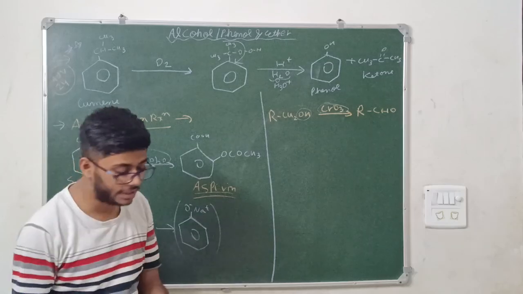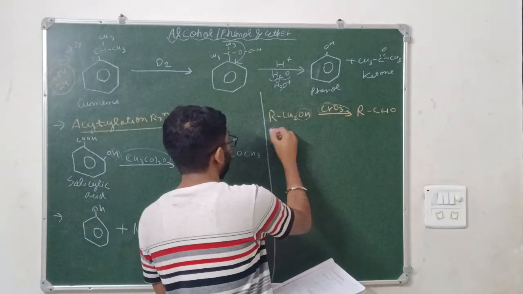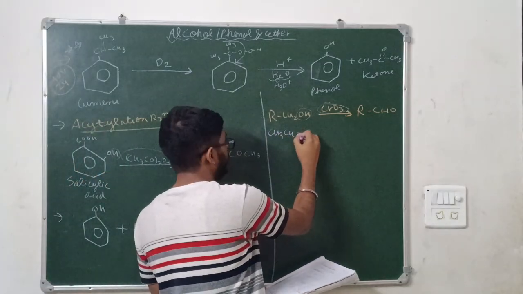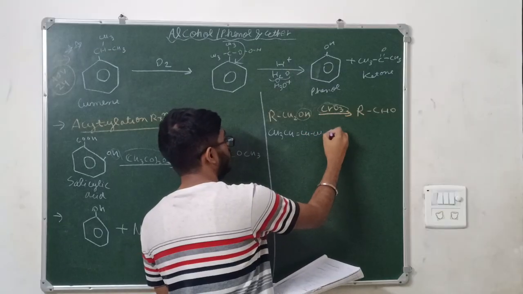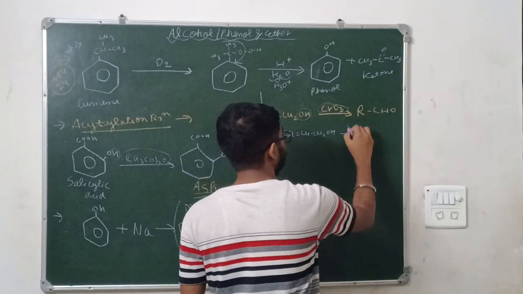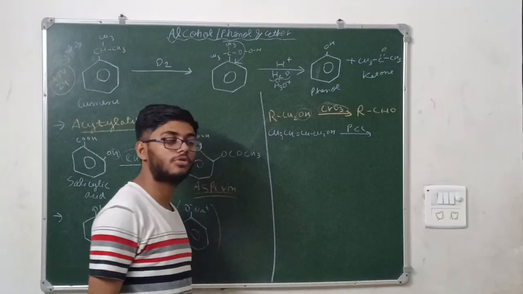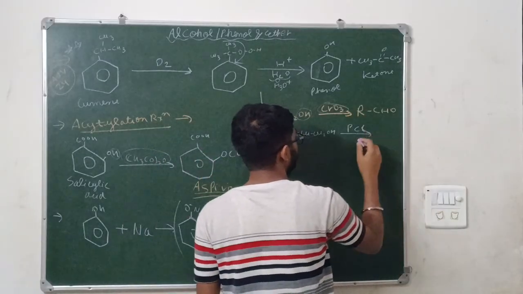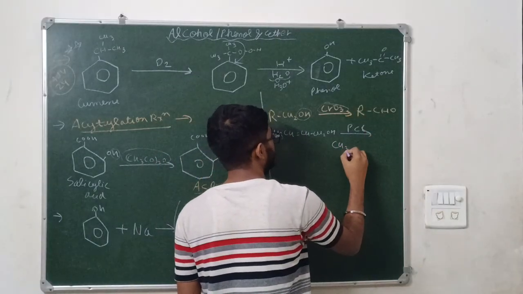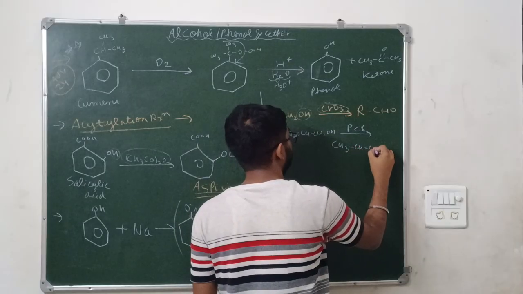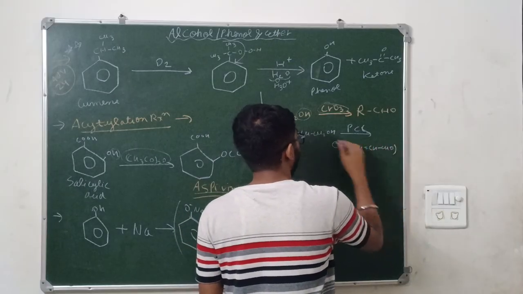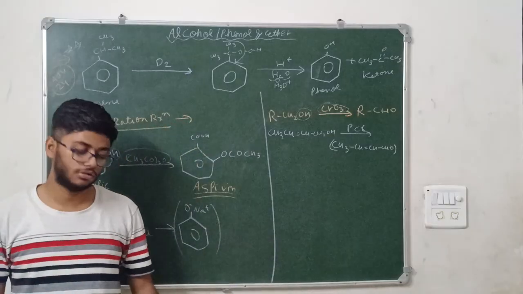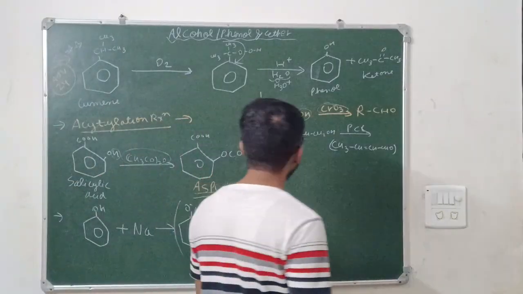Another important alkene is given: CH3, CH double bond CH and CH2OH. You have added PCC to it. What is PCC? Pyridinium chlorochromate. This is also an oxidizing agent. This will oxidize it to CH3, CH double bond CH and CHO, the aldehyde. Okay, this is also an oxidizing agent.